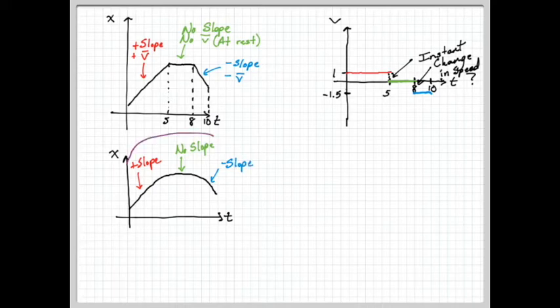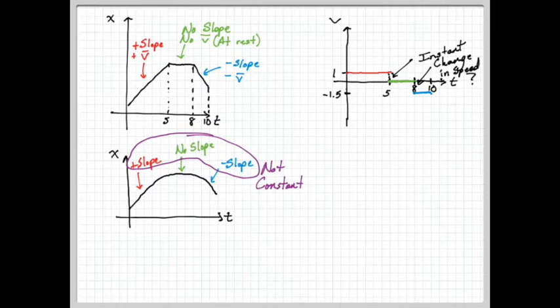But one thing you should notice is that none of these slopes are constant. Even though they have a general straight line idea to them, they are definitely not constant. They are changing. The positive slope is gradually turning to a flat slope, or no slope, and that no slope is gradually turning to a steeper and steeper negative slope. So the slopes are, in fact, changing.